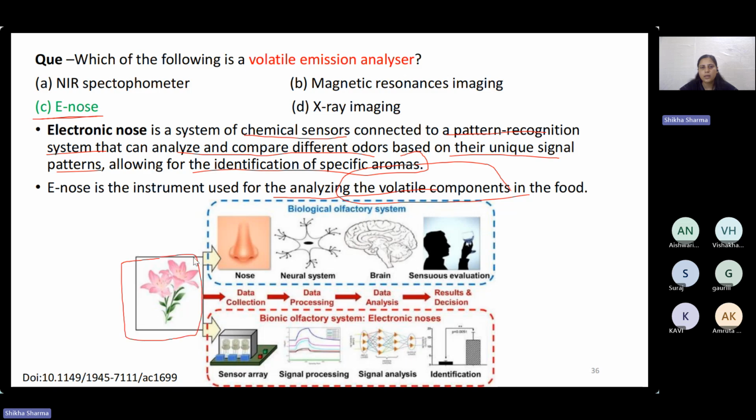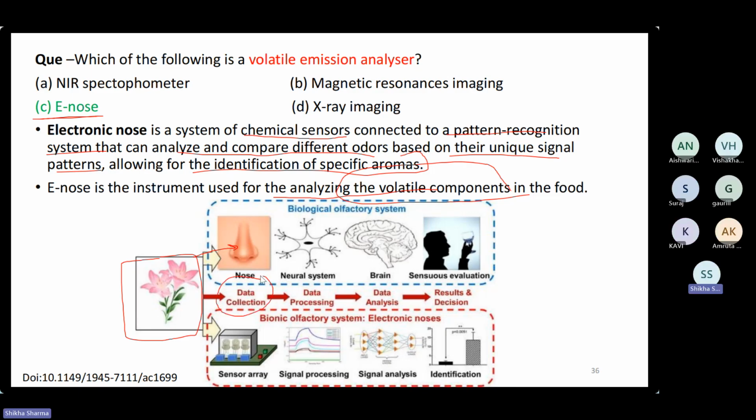So what happens usually in a biological system, the human nose is going to smell these compounds. So the nose is doing the data collection part. Then the neural system in the nose will take the data and process the data. And this neural system is connected to the brain.